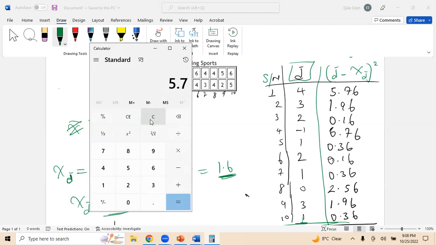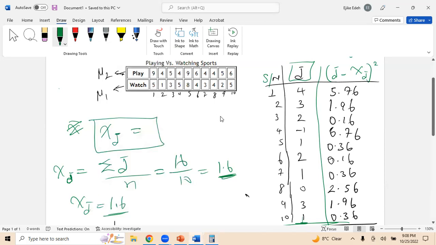We have 5.76 plus 1.96 plus 0.16 plus 6.76 plus 0.36 plus 0.16 plus 0.36 plus 2.56 plus 1.96 plus 0.36. That gives us 20.4, so our first computation was okay.